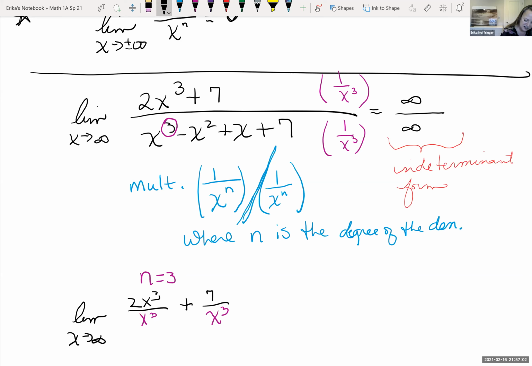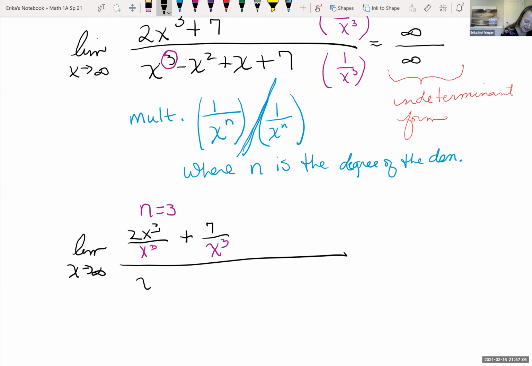And then divide every term in the denominator by x cubed, so we would have x cubed, minus x squared plus x plus 7.